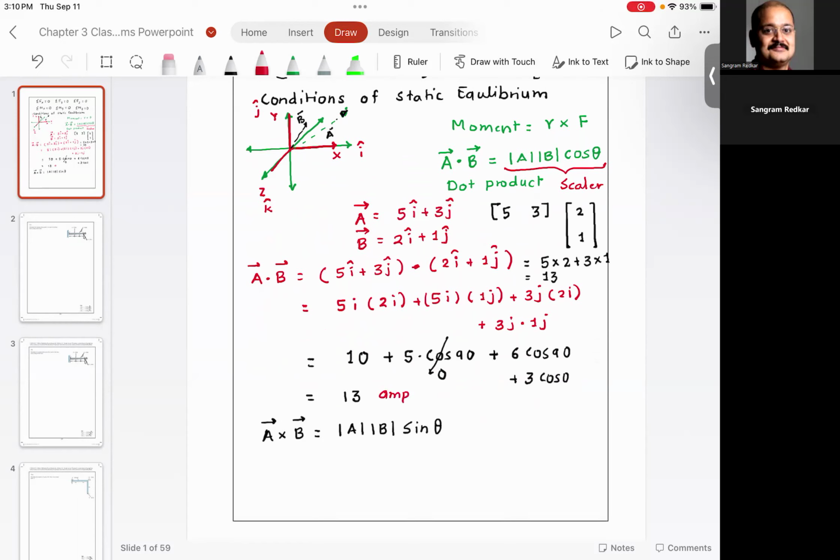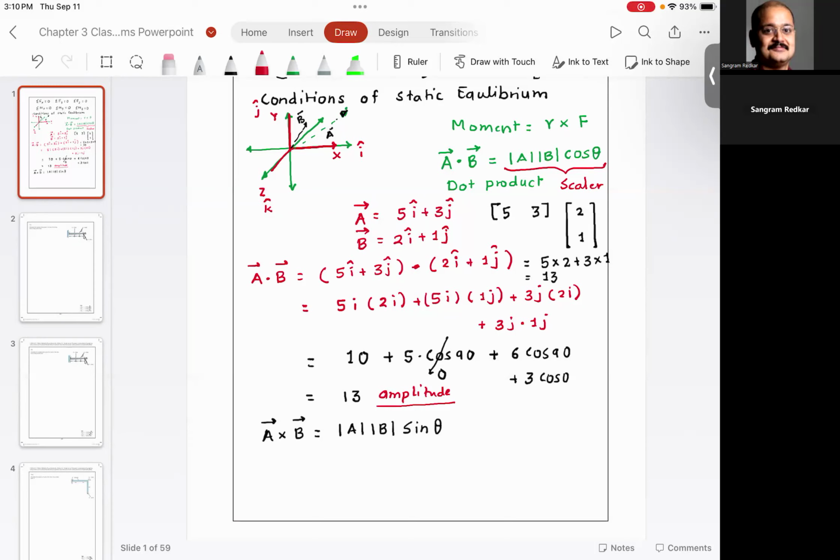It's a scalar. So please note, there is no unit vector associated with dot product. However, cross product is a vector product, and you will have a unit that is associated with a cross product.